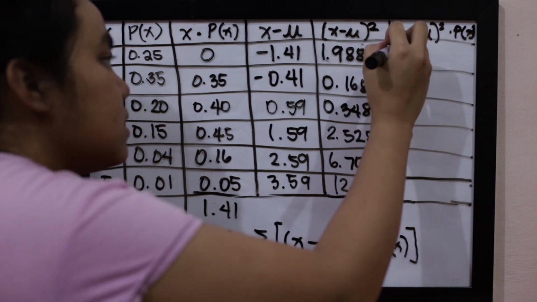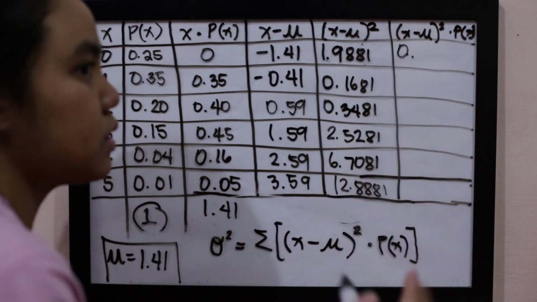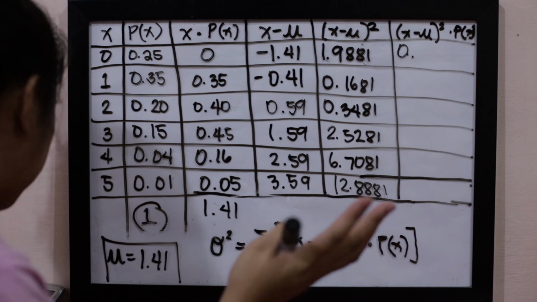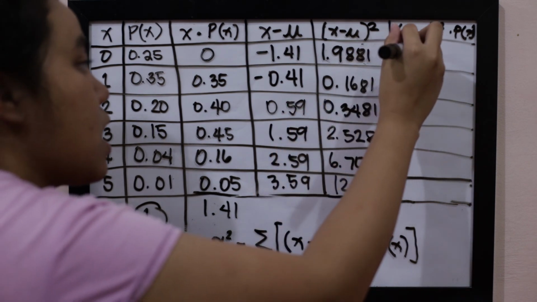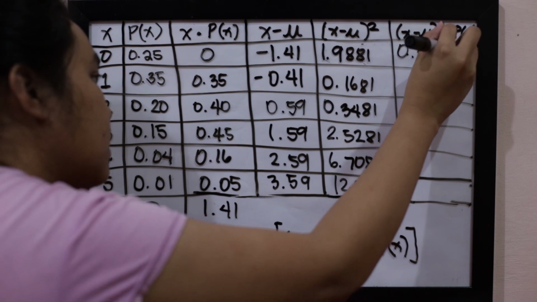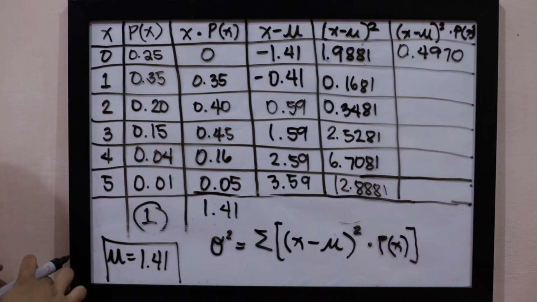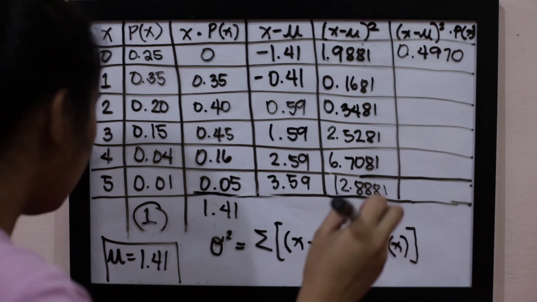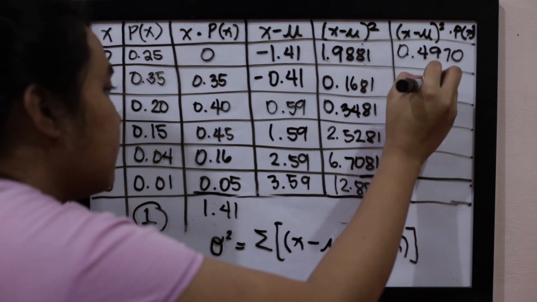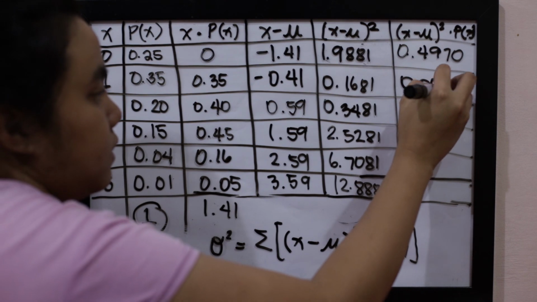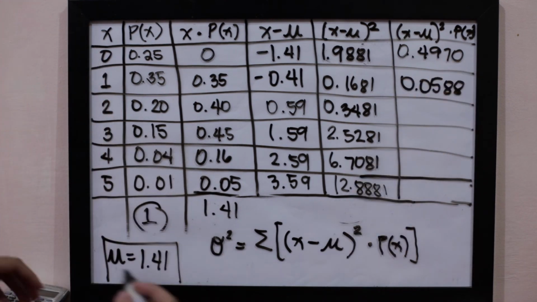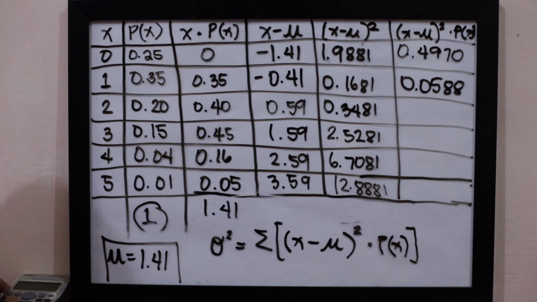Let's just first use yung 4 decimal numbers. So, ito ay magiging 0.4970. Next, 0.1681 multiplied by 0.35. The answer is 0.0588. Next, 0.20 or 0.2 multiplied by 0.3481.